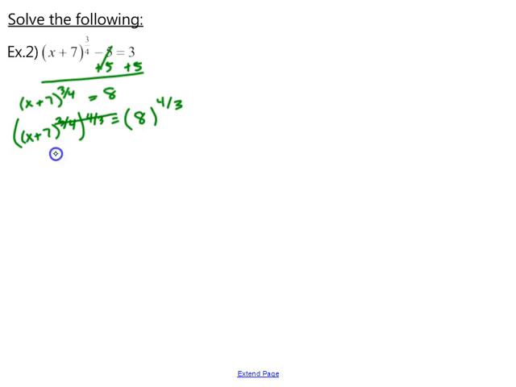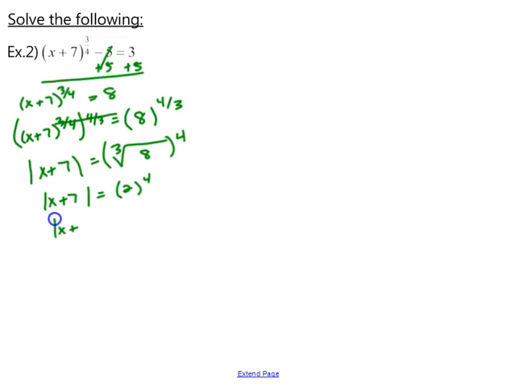This is going to cancel out, and then we're left with the absolute value of x plus 7 is equal to, and we want to convert this, the cube root of 8 all raised to the 4th power. So we have the absolute value of x plus 7, and then the cube root of 8 is going to be 2. 2 to the 4th power is going to give us 16.